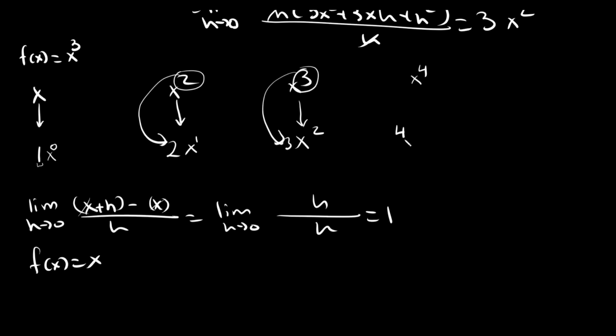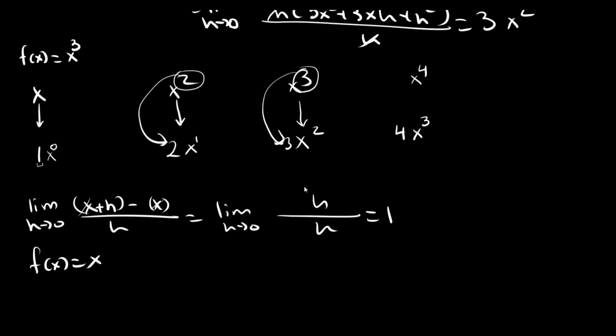So if I take my limit as h goes to 0 for my x to the power of 4, I'm gonna get 4x to the power of 3. See, it's basically increasing by 1. So this is increasing by 1, increasing by 1, increasing by 1.